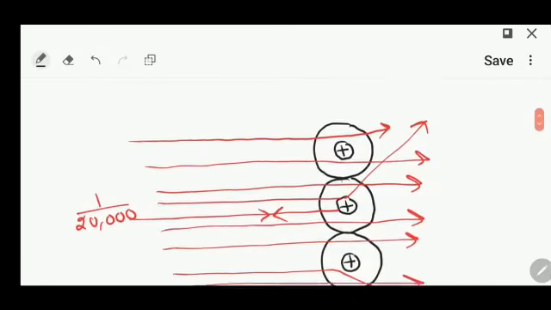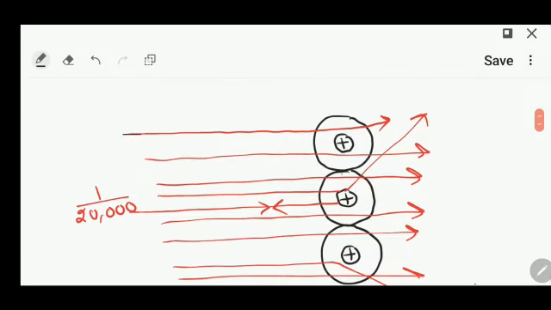As we have observed, most of the alpha rays go straight through these atoms or this foil, since alpha rays consist of positively charged particles.